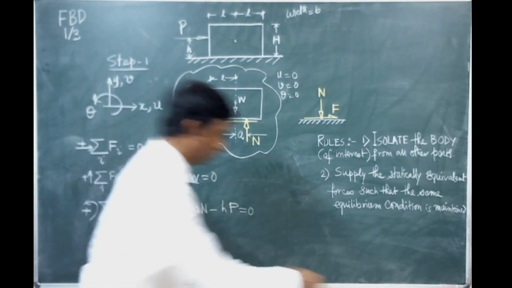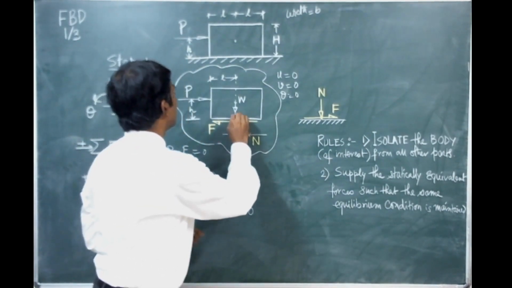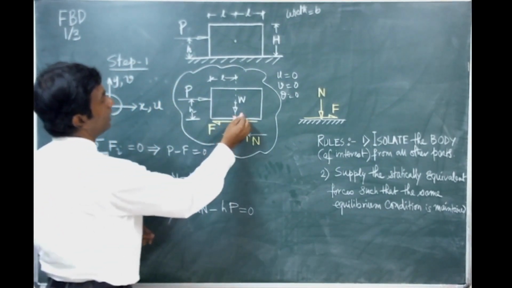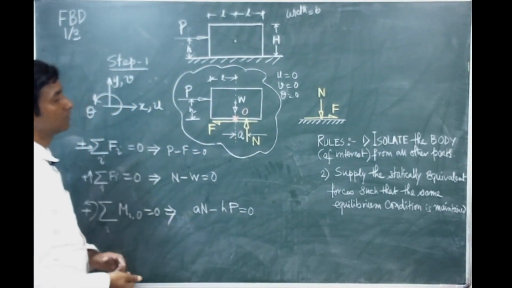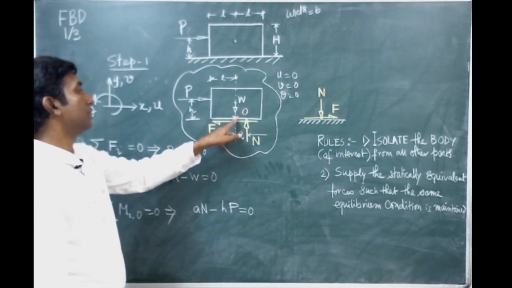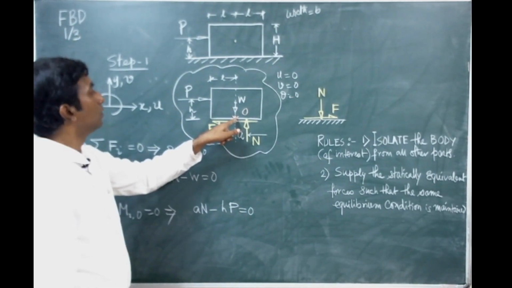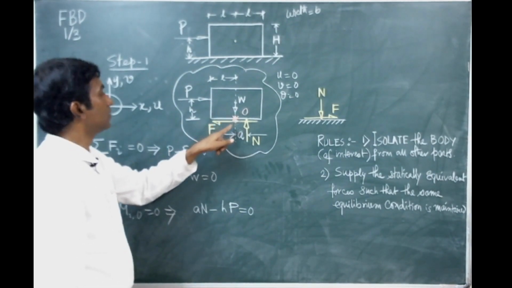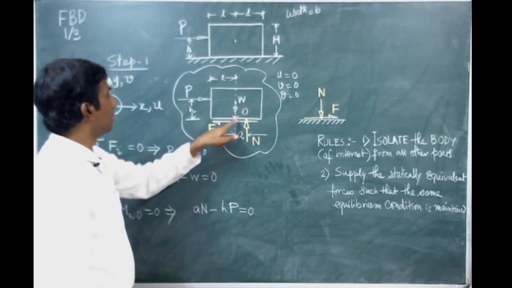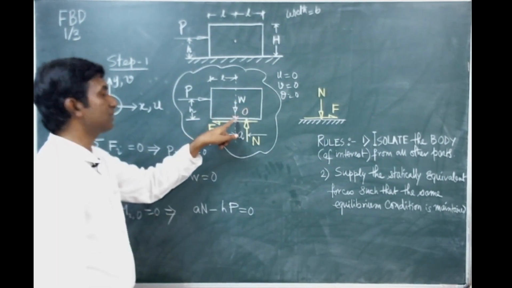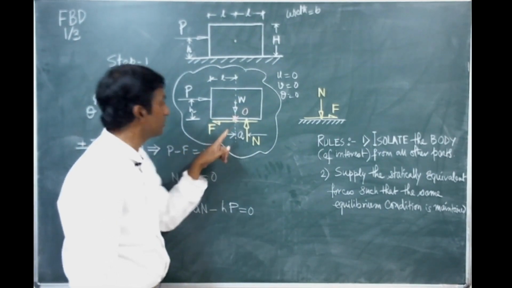One thing I forgot to mention, this time we are choosing this point as O. So we are taking the moment from all the forces about this point. Since we have selected this point, W and F pass through it, so they have 0 contribution.